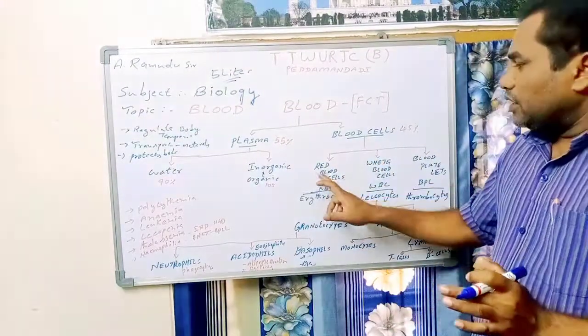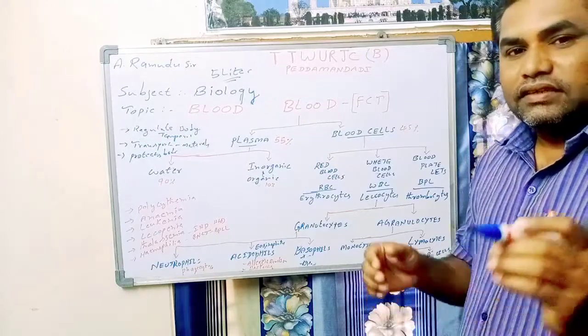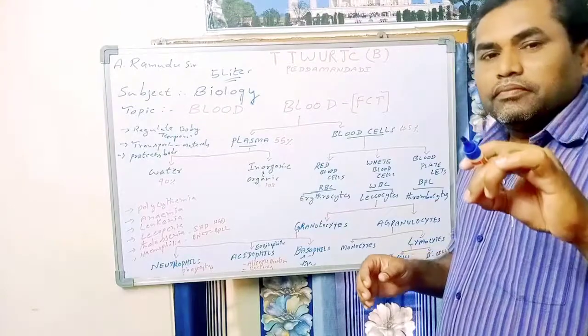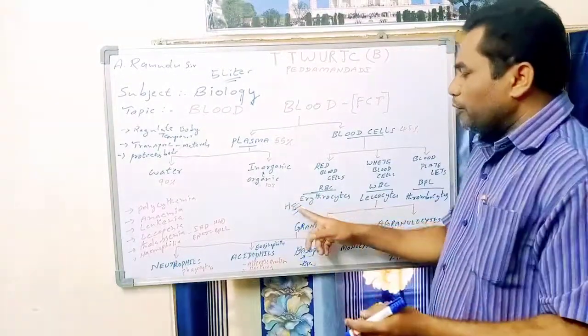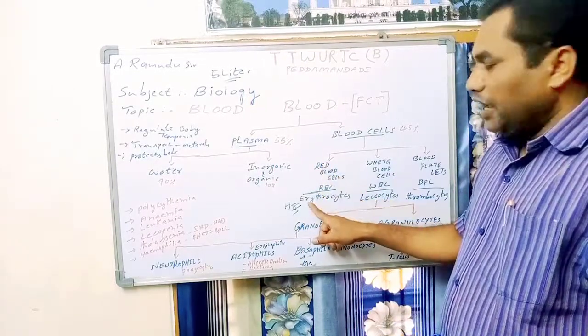Red blood cells are red in color because of the presence of hemoglobin.